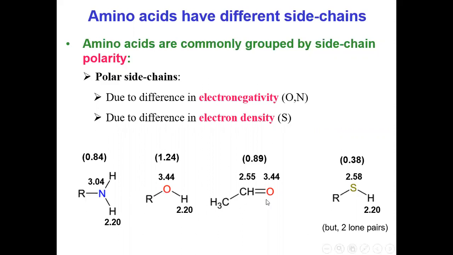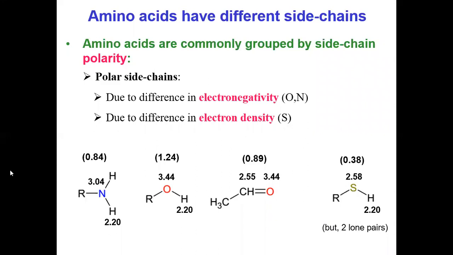So in all these cases, the difference between the electronegativity of nitrogen or oxygen and that of the other atom creates a dipole. And this dipole is what makes this bond polar, and makes the entire chemical group polar.